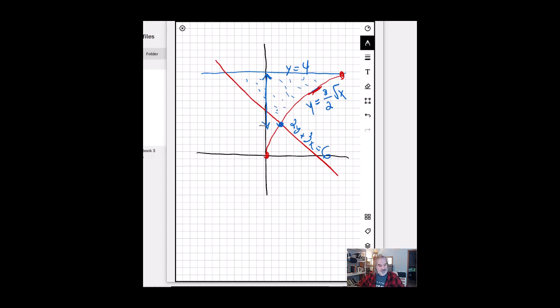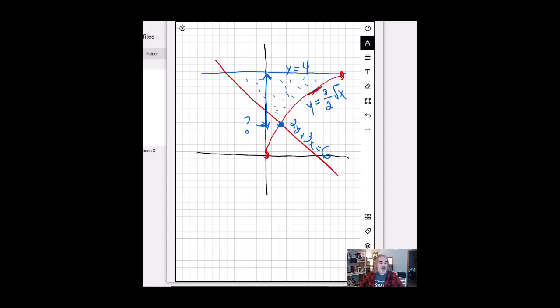So we need to know this lower limit right there. That's the only intersection that we need, okay? Because if we're walking up and down the y-axis, our upper, or farthest in the positive direction, curve is the root curve, and the lower curve is the sloped line.